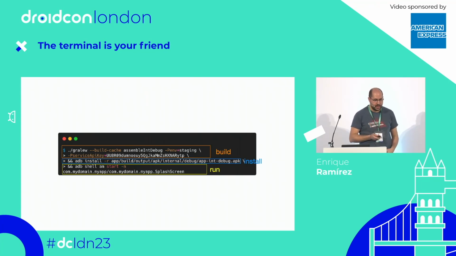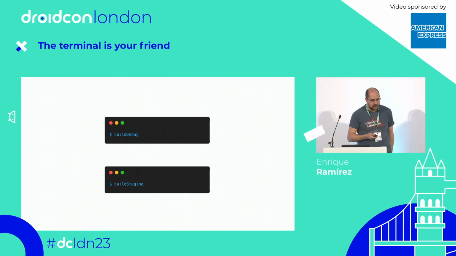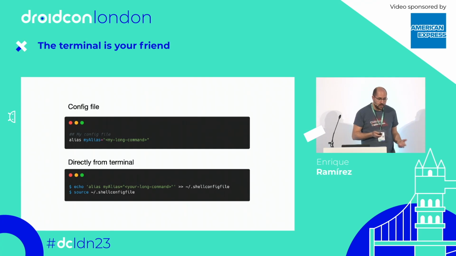It seems a bit too much. Why not have something like a small command that builds that, and you could even have different variants of it, right? Those are aliases. Those aliases are there for that. I mean, for more things, but those aliases could help us with that.